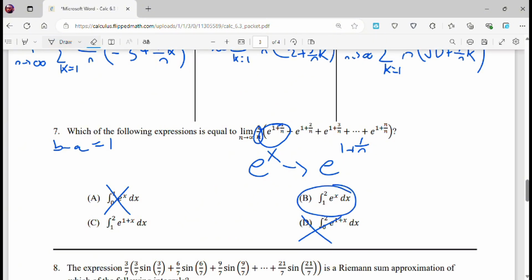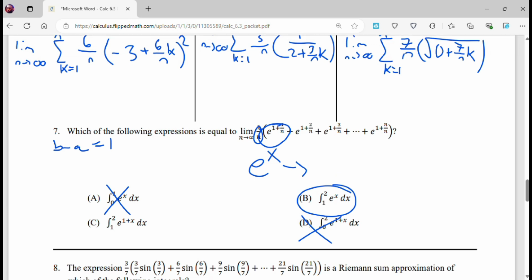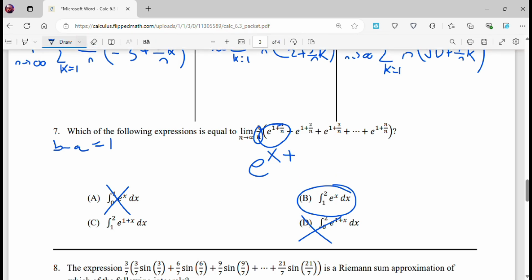But let's check C. So C is given as e to the x plus 1. So let's take the lower limit. The lower limit for C is a, which is equal to 1.